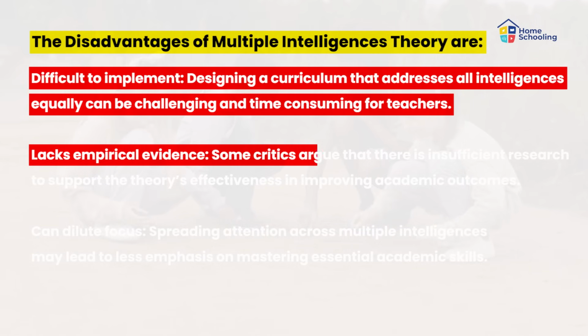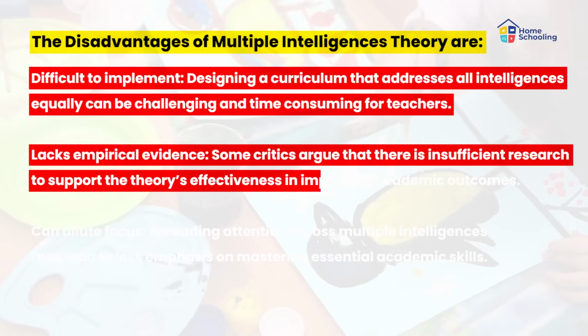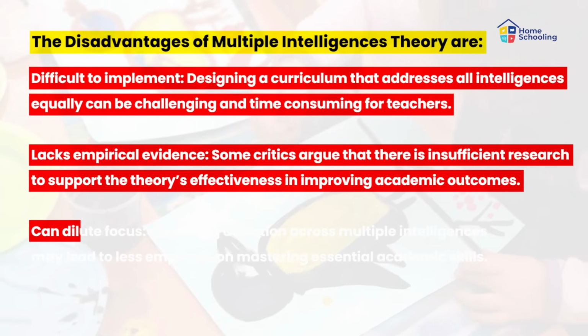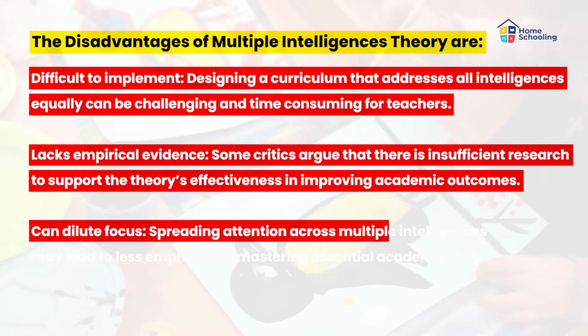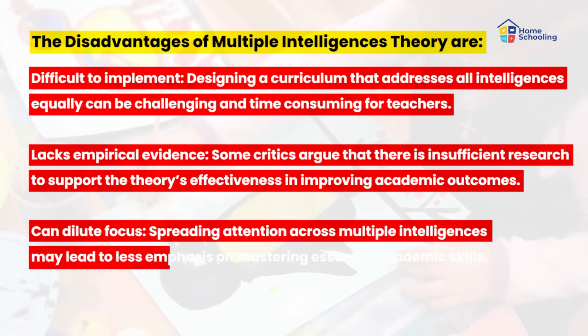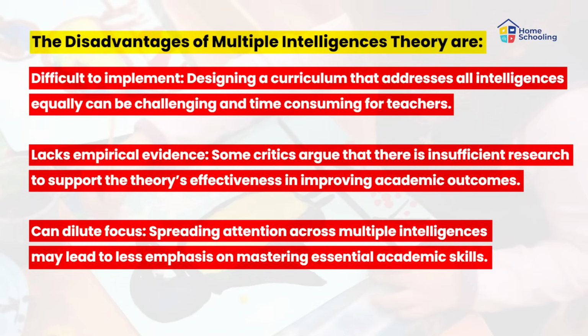Some critics argue that there is insufficient research to support the theory's effectiveness in improving academic outcomes. Can dilute focus. Spreading attention across multiple intelligences may lead to less emphasis on mastering essential academic skills.